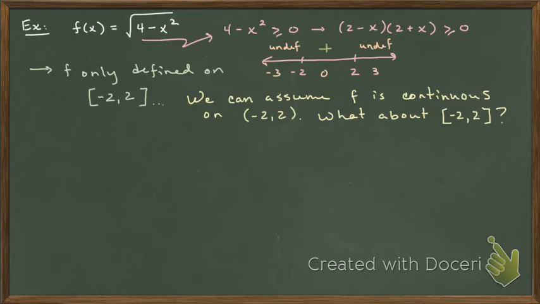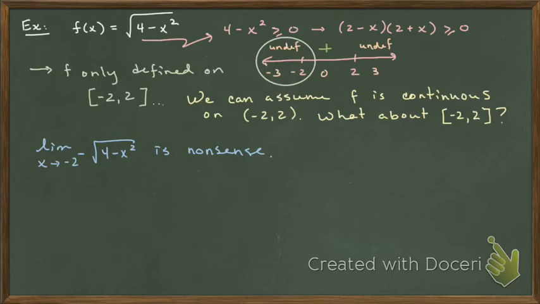But the way that we are able to talk about continuity, we can use the left and right-sided limits in situations like these. We say the limit as x goes to minus 2 from the left is nonsense, right? Because my function is not defined to the left of negative 2.